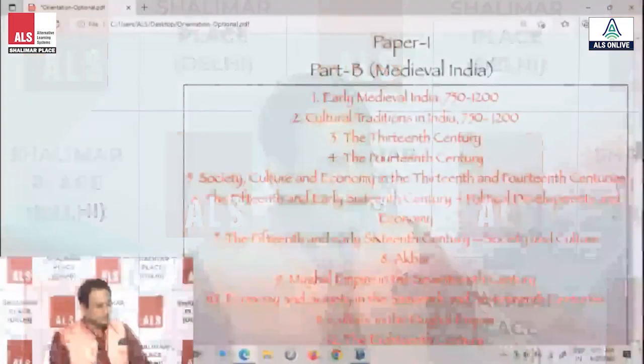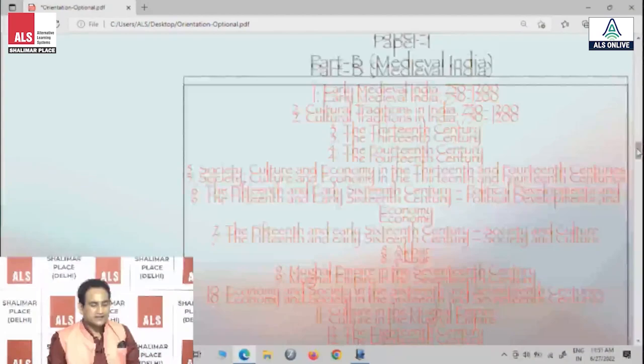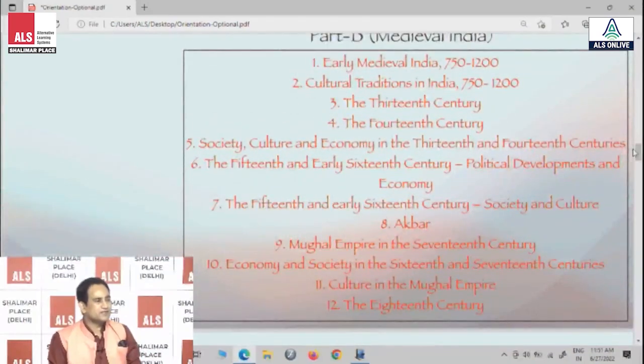Like that, you have it in medieval India also. The medieval Indian syllabus is very properly mentioned. They have highlighted not only political history, but society, culture, and economy of the 13th and 14th century.